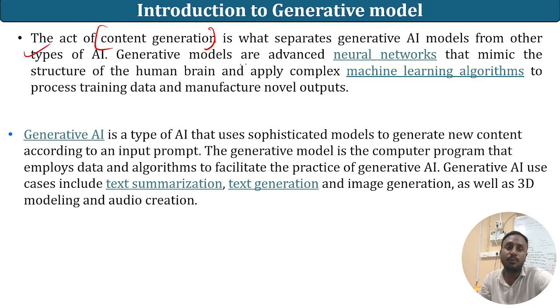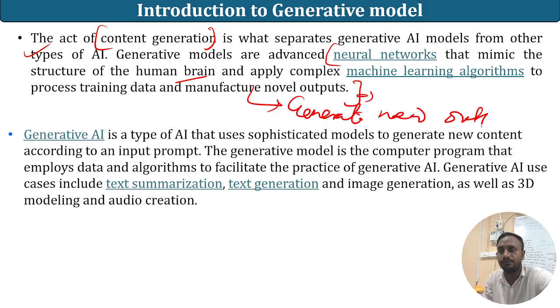Generative models are advanced neural networks that mimic the structure of the human brain and apply complex machine learning algorithms to process the training data and manufacture new data. It's like generating new output. So generative AI is a type of AI that uses sophisticated models to generate new content according to the input prompt.